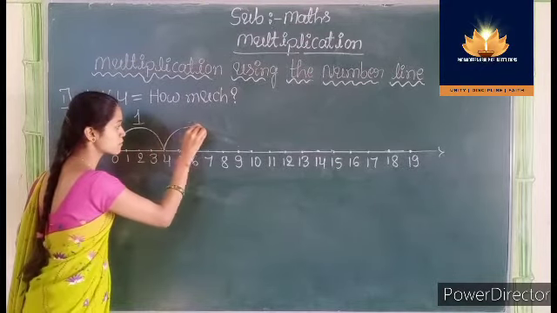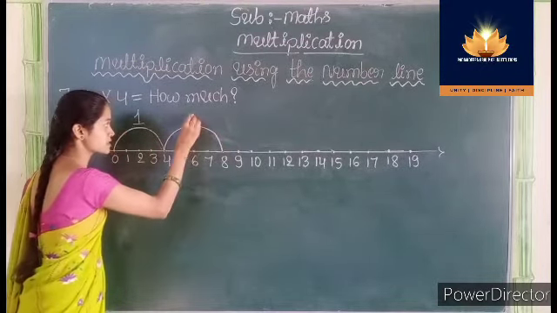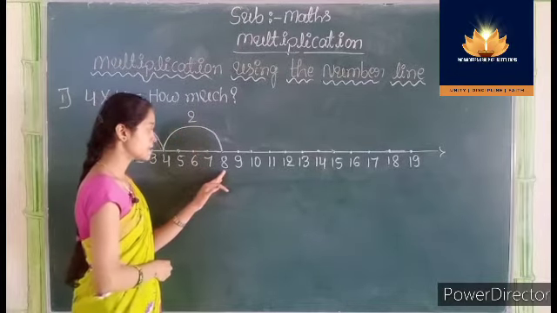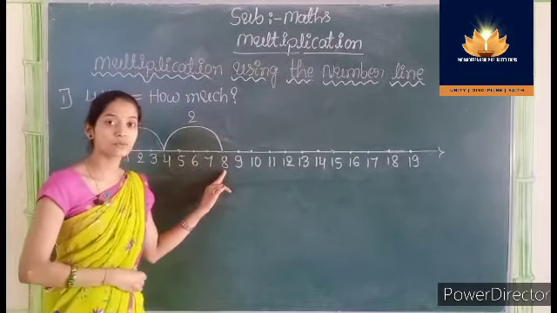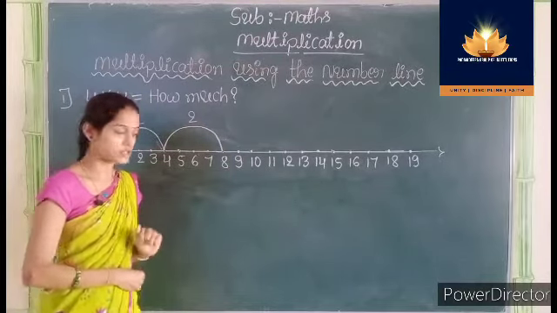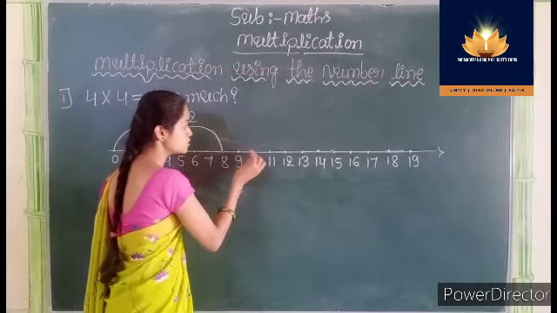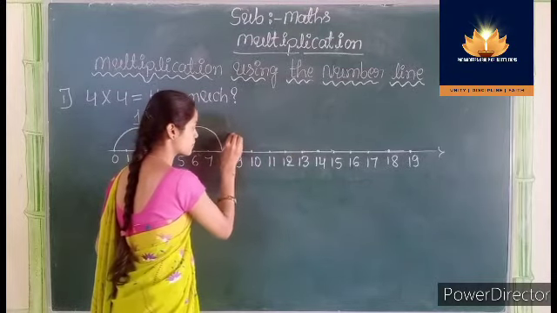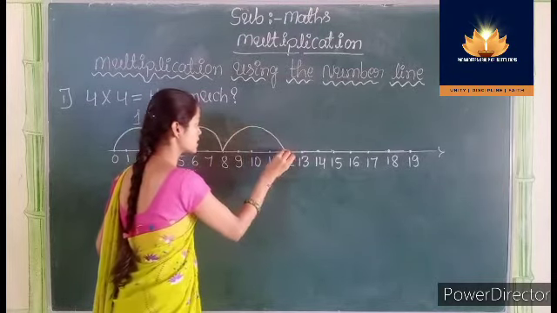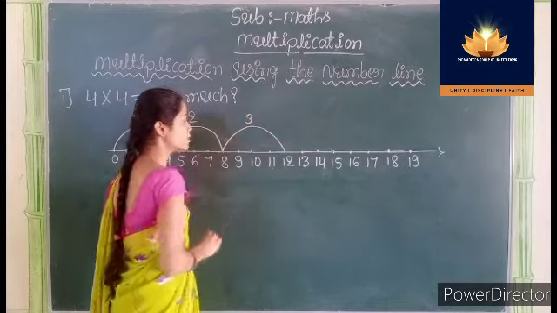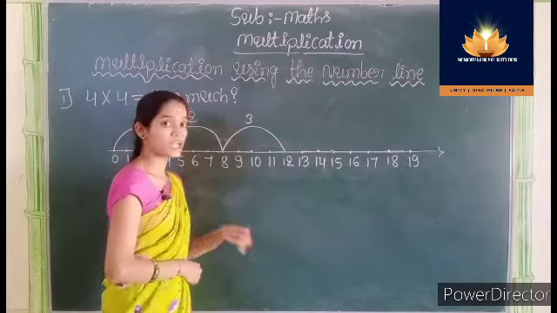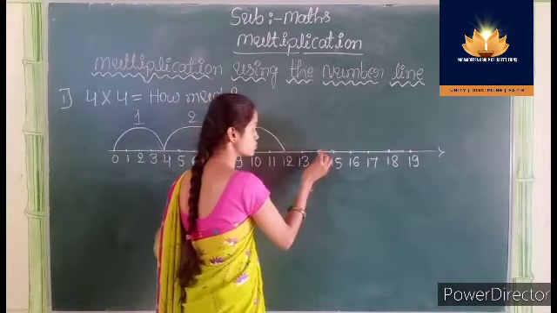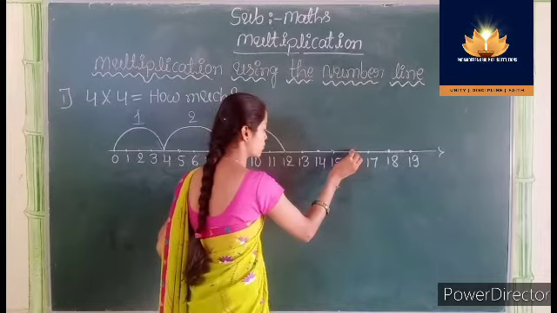Then 1, 2, 3, 4. So this is the second jump. We reached 8. And again we have to perform 2 more jumps. 1, 2, 3, 4. So this is the third jump. We reached 12. So again we have to jump 1 more. 1, 2, 3, 4.